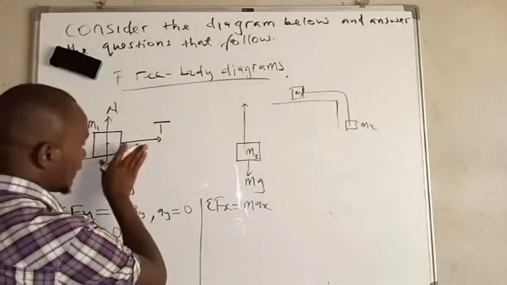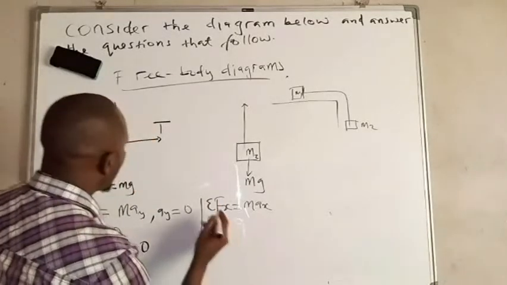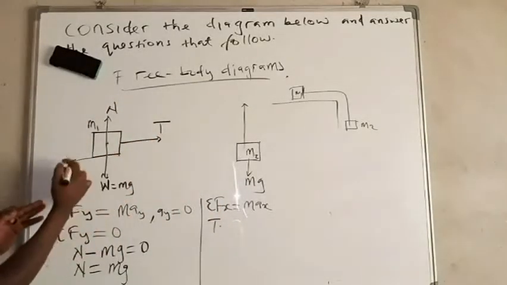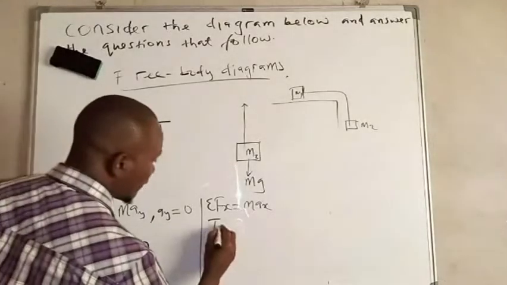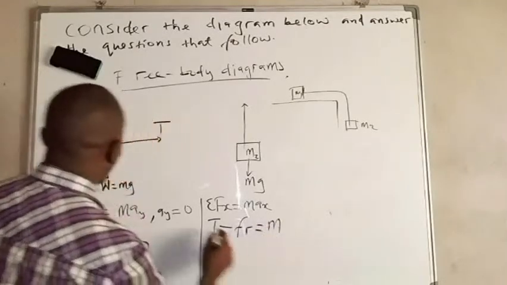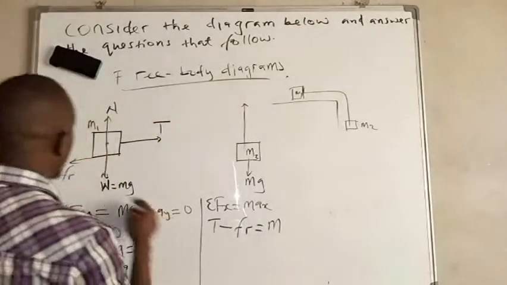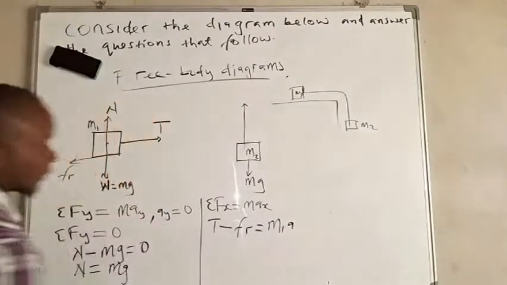Here we have the forces: we have T, and we have the friction force opposing the motion in the opposite direction. Since it is m1, this must give us m1 a.